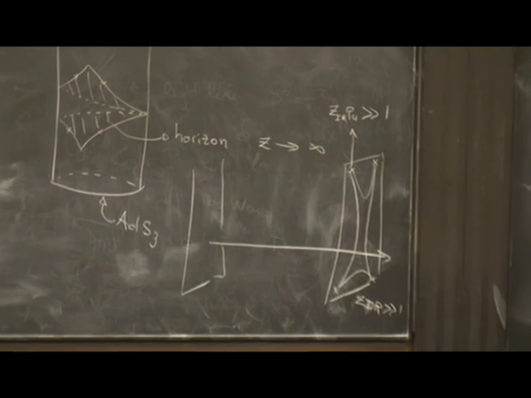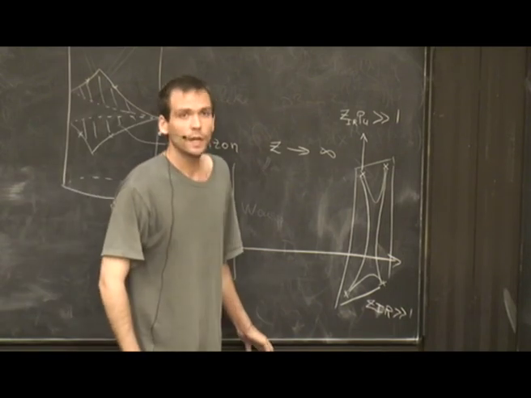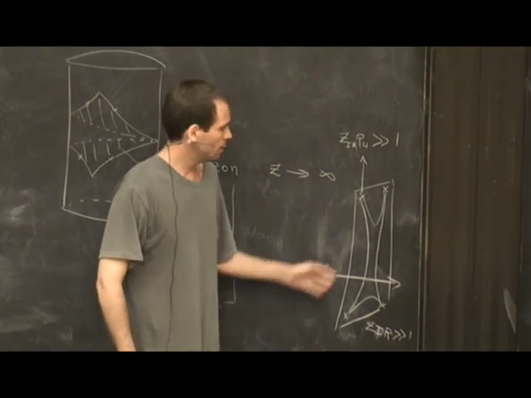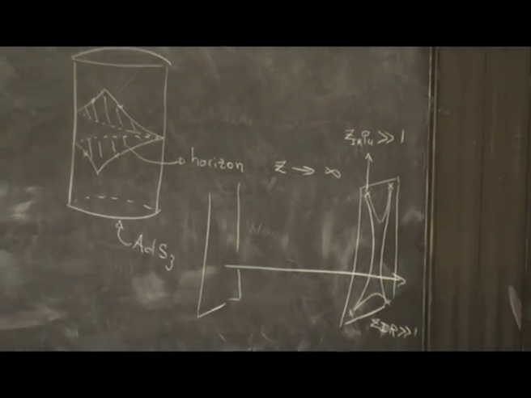So the kind of scattering process that we are interested in is a hard scattering process at fixed angle. Okay? All the momenta are rescaled with the same factor, which is taken to be very large.